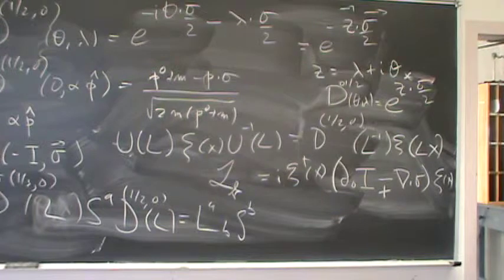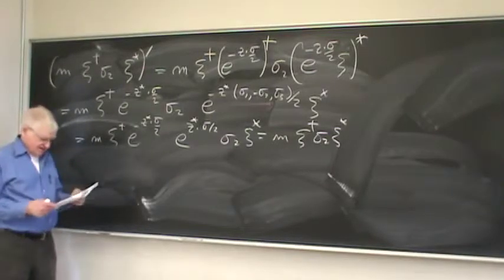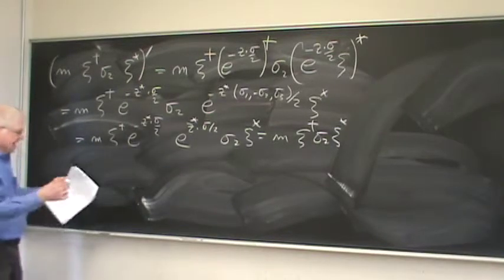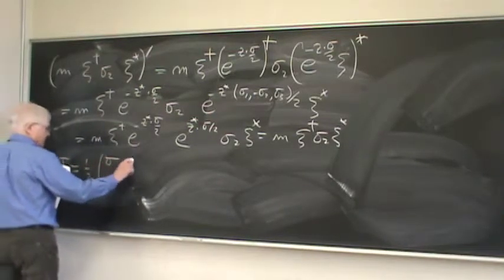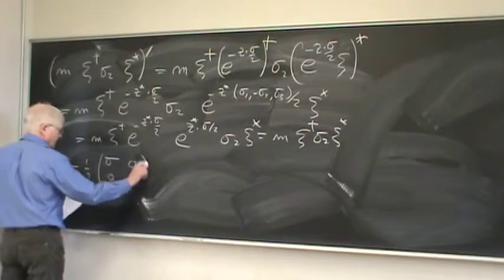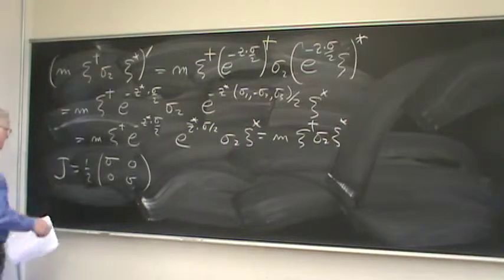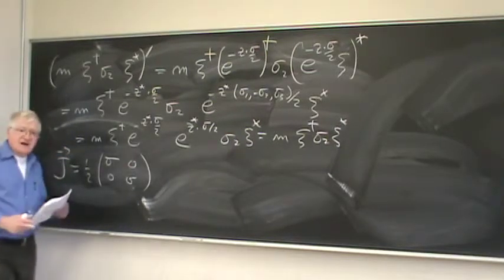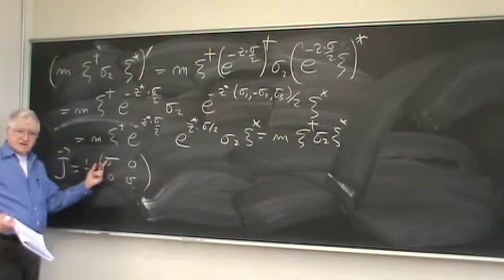By the way, I'm starting to think that all this emphasis on these spin 1/2 representations, I mean these two-dimensional representations, is excessive. So let's now go to the Dirac representation. What we can do is we can say that we are putting together in the Dirac representation a left-handed spinor.